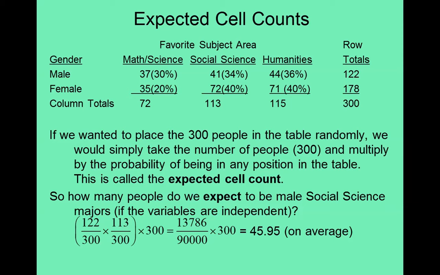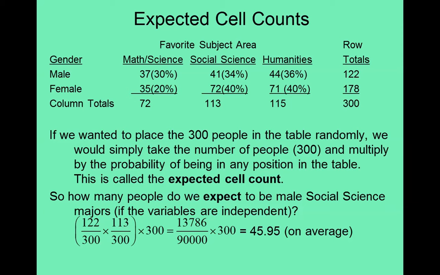So how many people would we expect to be male social science favorite subject area people if the variables are independent? Well, it would just be the 122 over 300 times 113 over 300 for that probability we found, times the number of times we're going to do this, and we're putting 300 people in, so multiply by 300.